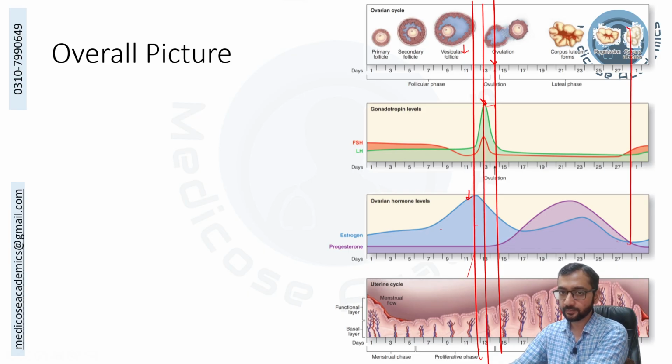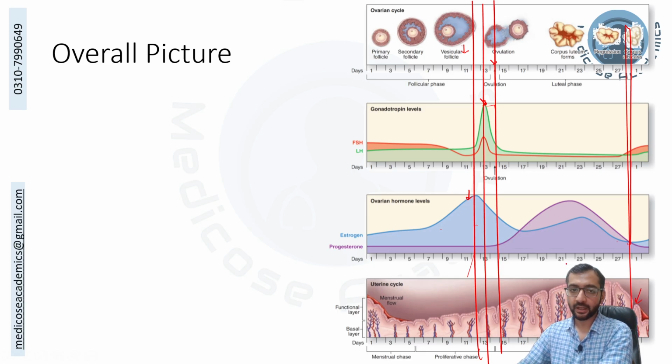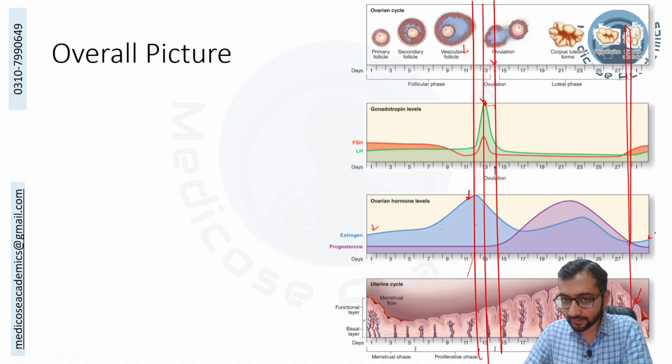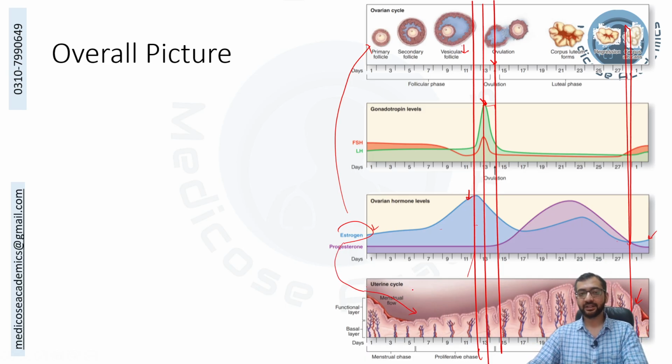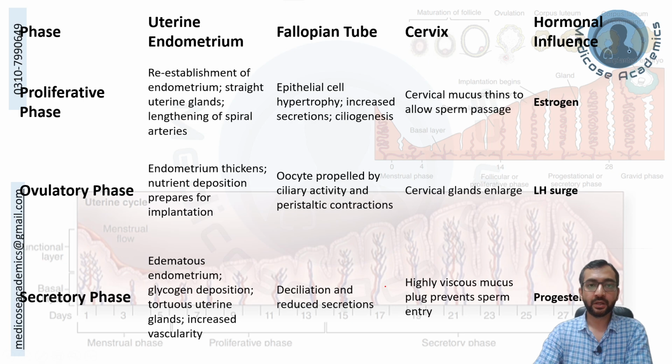At this point the bleeding started, and after that the estrogen levels start to build up. At one end, estrogen is going to stimulate follicular development. At the other end, it is going to repair the damage that was done during menses.